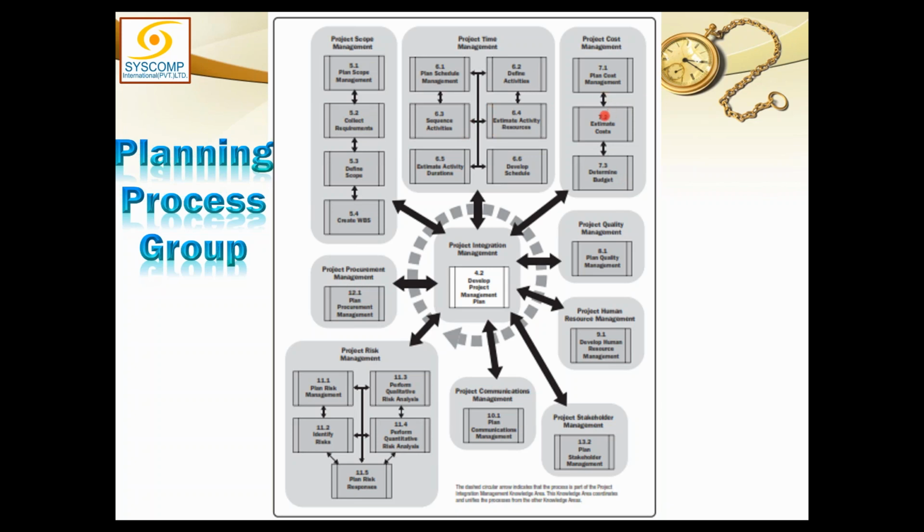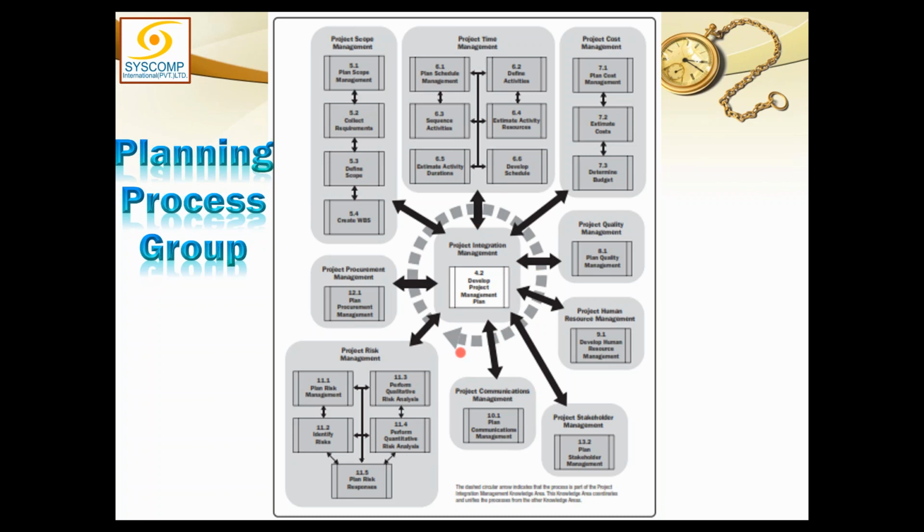These are the heavier processes, and then risk also has a number of processes. It has 5 processes. Whereas procurement, communication, stakeholder, human resource, and quality all have a single process each. Integration also has a single process, which is develop project management plan, the parent of them all. All the processes are subordinated to integration management.